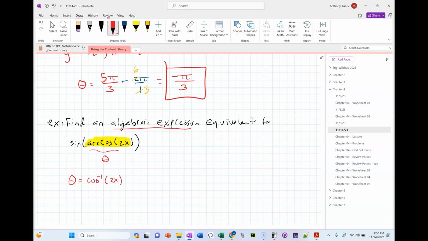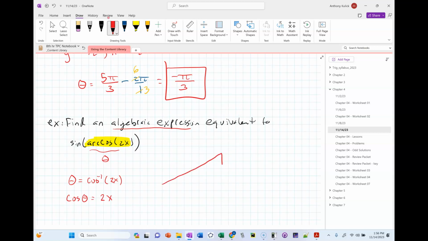So I'm just going to think about the insides as theta equals cosine inverse of 2x, which is the same thing as just saying cosine theta needs to equal 2x. Now, one of our definitions for sine, cosine, and tangent was a right triangle, right?